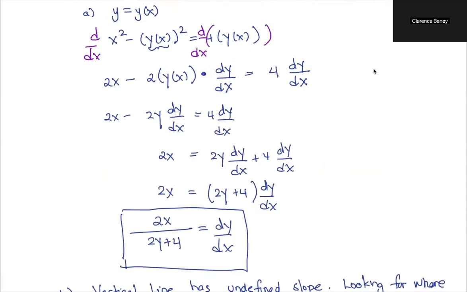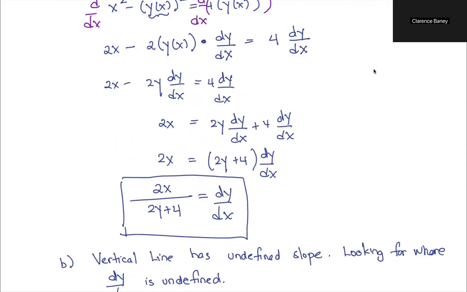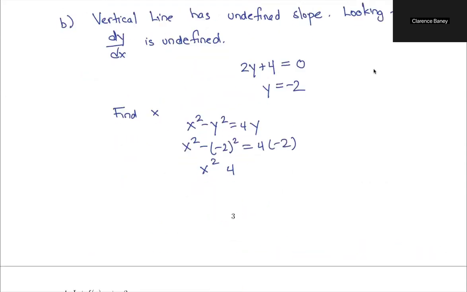Hold on, something's not right. At which point you get x squared is equal to negative 4, and so there's no solution. There's no real solution.